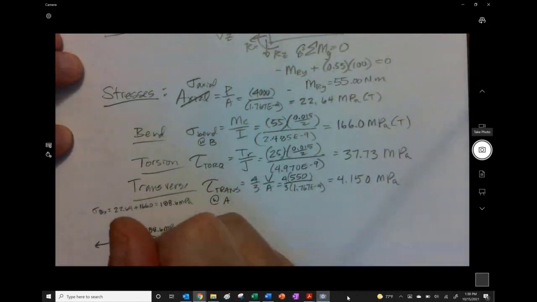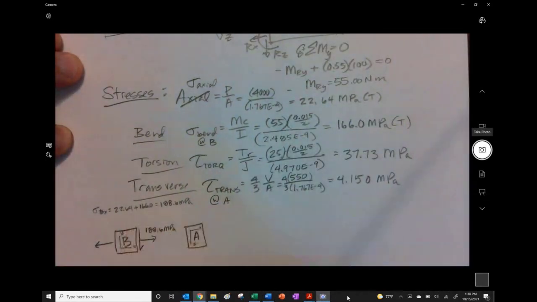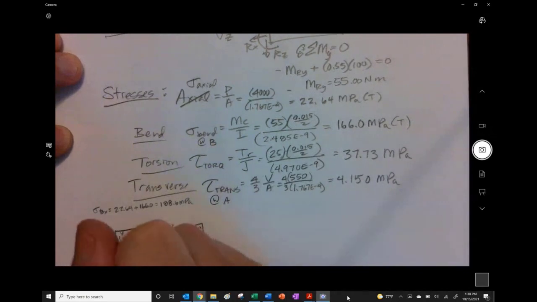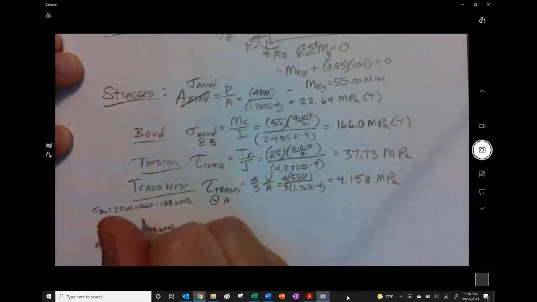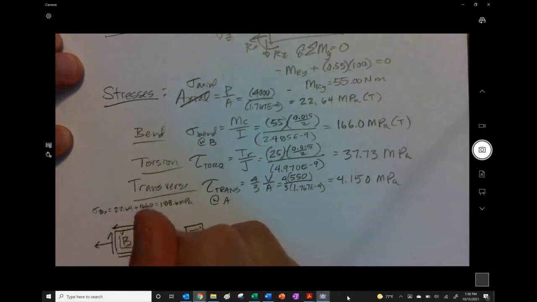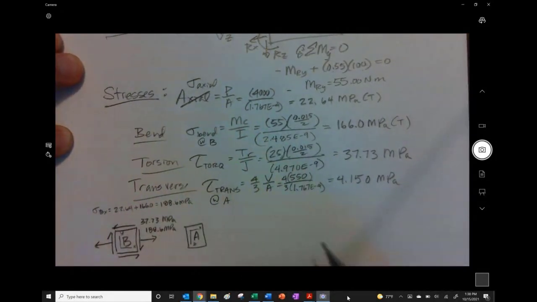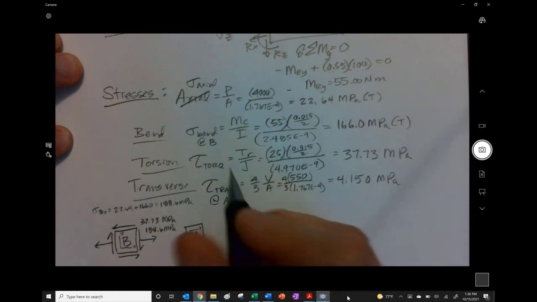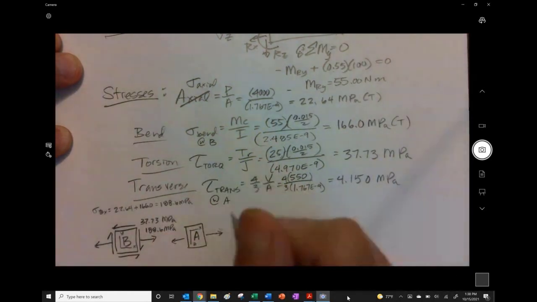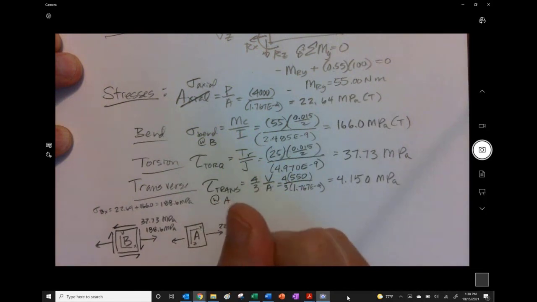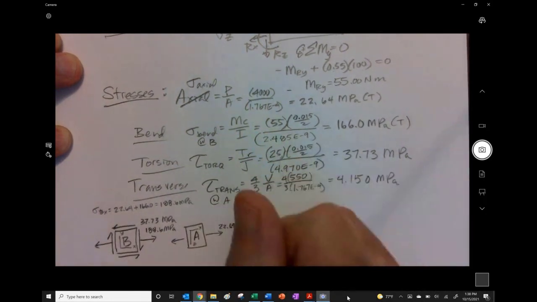And so the torque is coming down the face like that. So that's 37.73 megapascals. Over here, it's only going to be the axial. So we get 22.64.